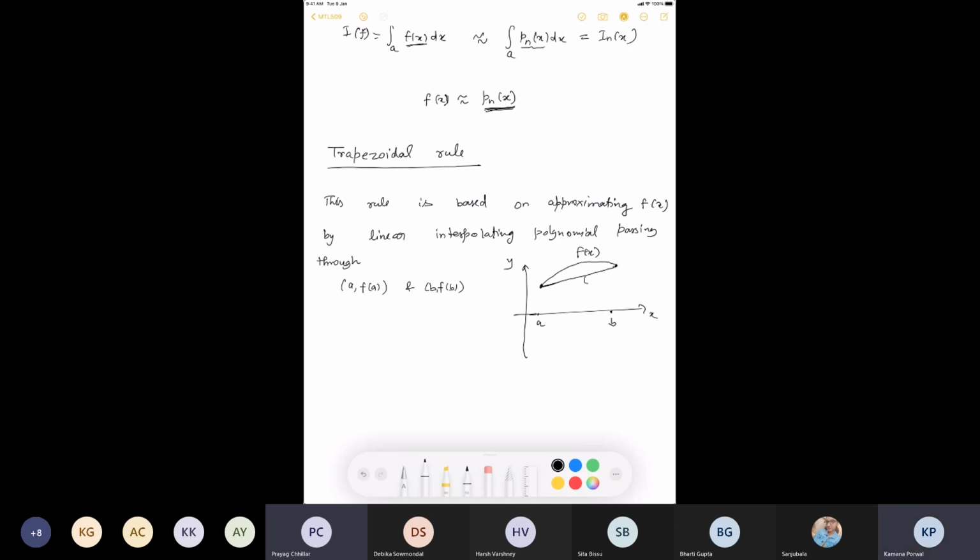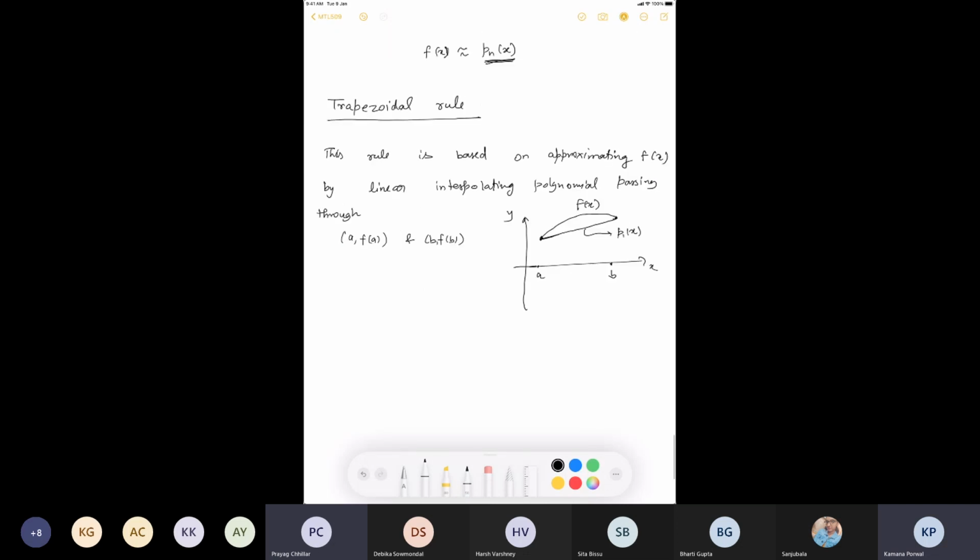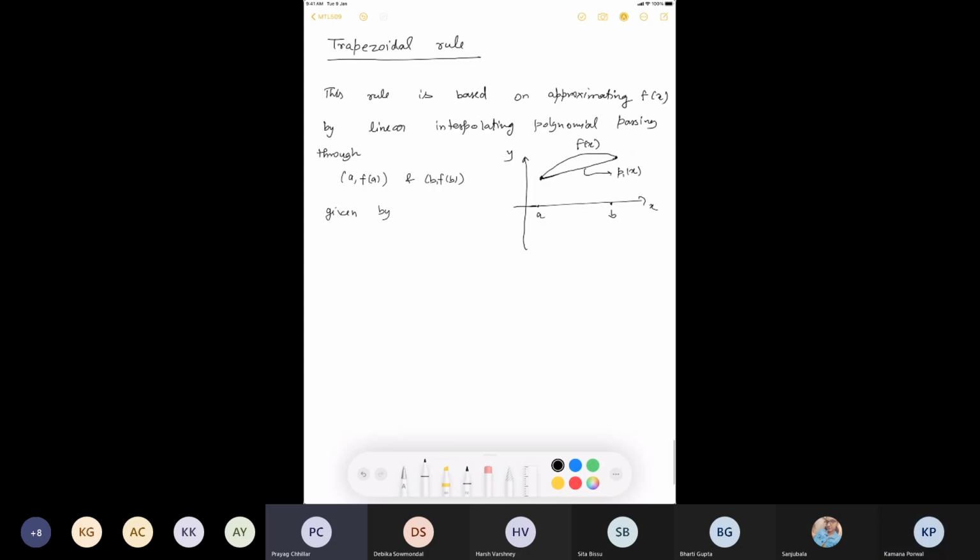That is, I'm going to approximate f(x) by this line. This is going to be my p1(x), and we can write down explicitly the expression for p1(x). What is this polynomial going to be? Can you tell me the expression?